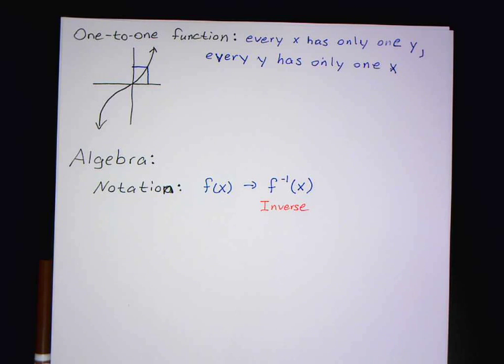So you're going to have two main types of problems. You're going to have a type of problem where you have to find the inverse, and a type of problem where you have to check to see if two things are inverses. So let's start out with the type that we have to check.